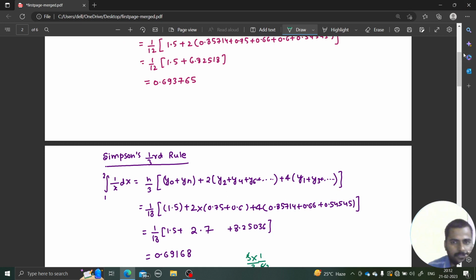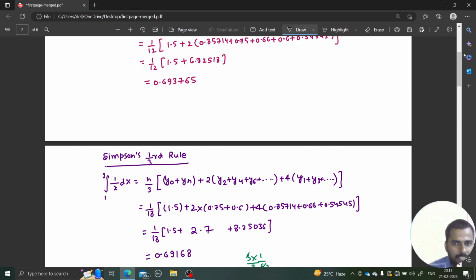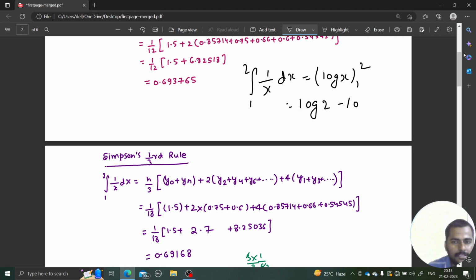What will be the exact value if I need to find it? The exact value will be nothing but the integral from 1 to 2 of 1 upon x dx. 1 upon x integrates to log x from 1 to 2, so log 2 minus log 1. Log 1 is nothing but 0, so you are simply getting log 2. And what is the value of log 2?